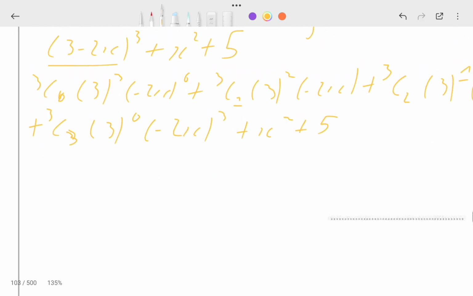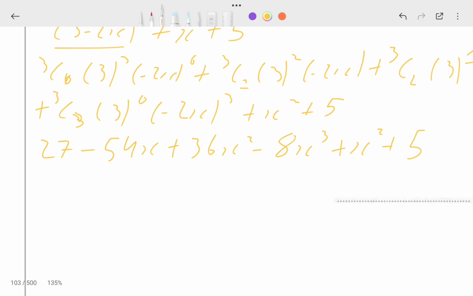Now we will solve this in the calculator and we will get the answer 27 minus 54x plus 36x squared minus 8x cubed plus x squared plus 5.